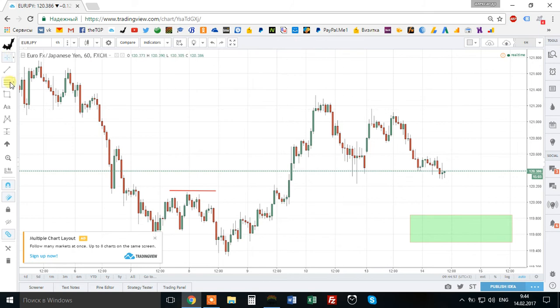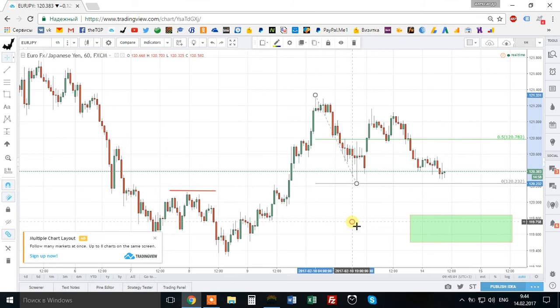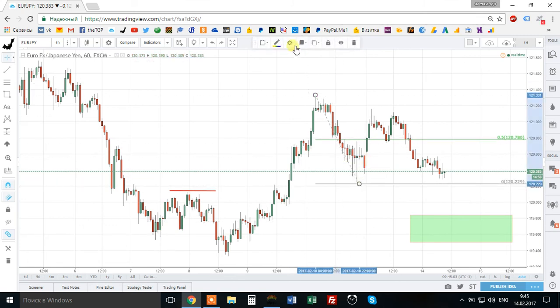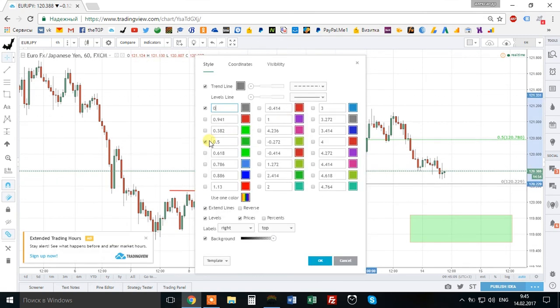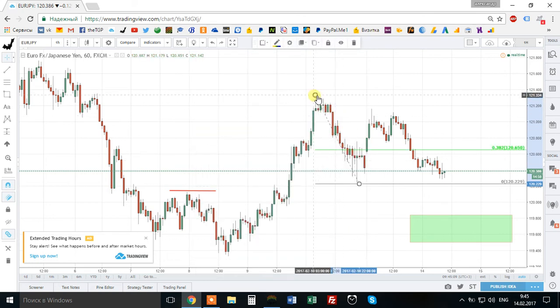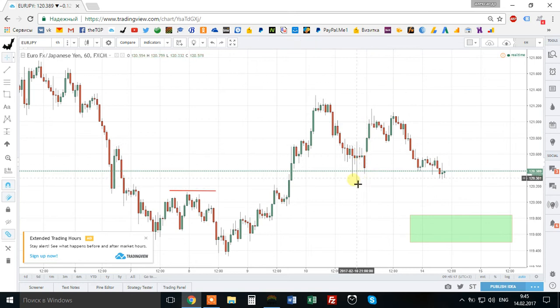Okay, next we measure this movement to the downside, and it should hit at least 382, and it should not touch this high. So obviously we have this 382 and not touching this high. Okay, we have two criteria met.